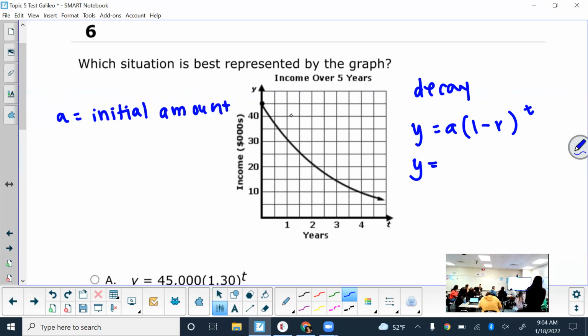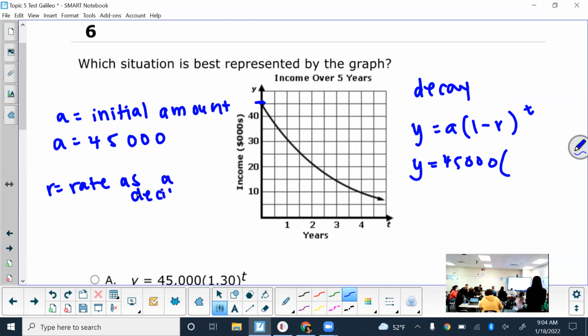What is the amount that I'm starting with according to the graph? 45,000, good. So I'm going to write that for what A is going to be. I'll put it in the same spot in the formula. And then what does R stand for? Your rate.